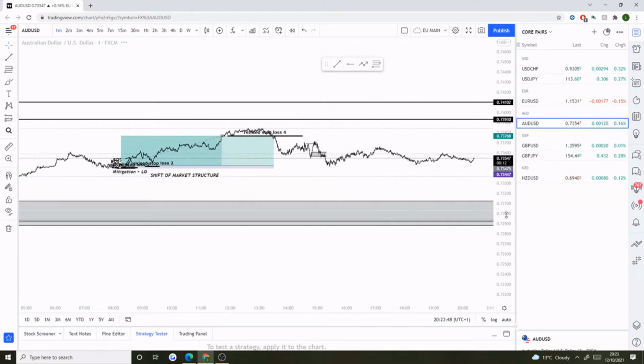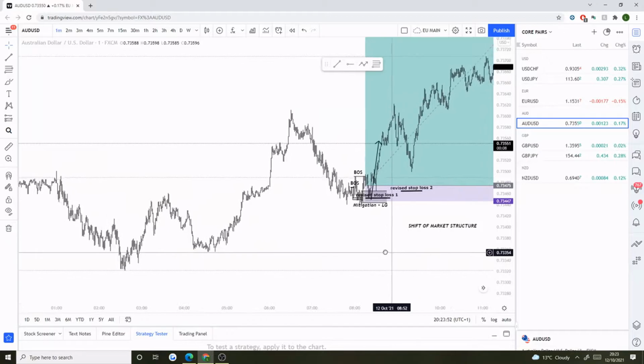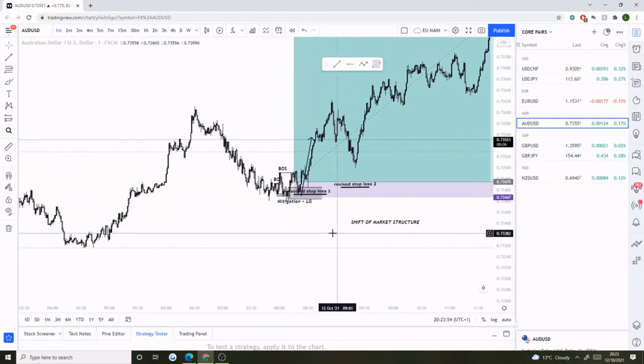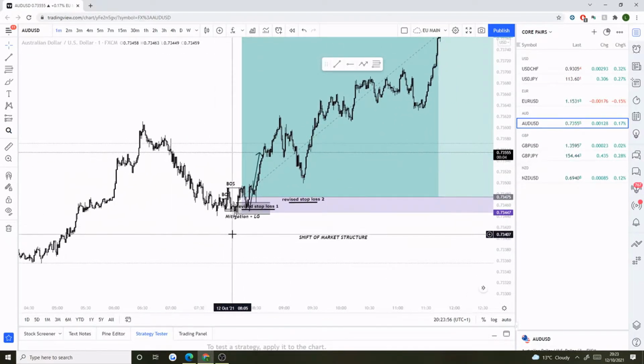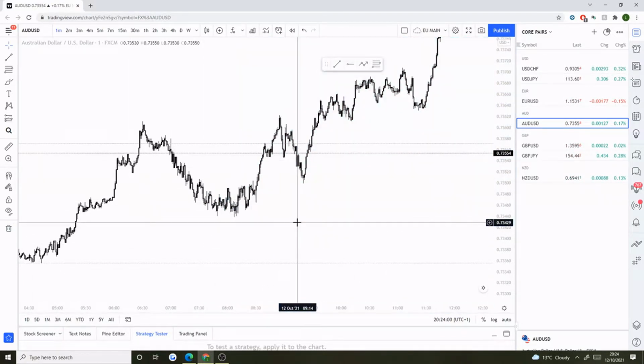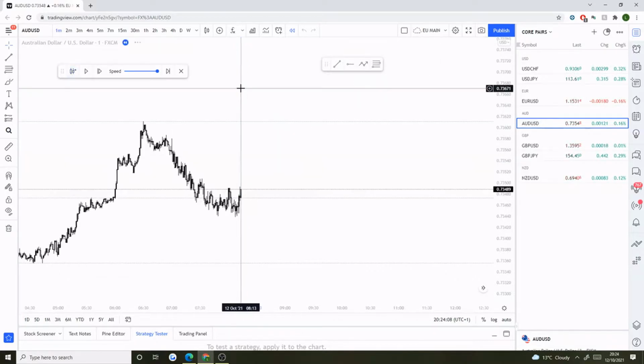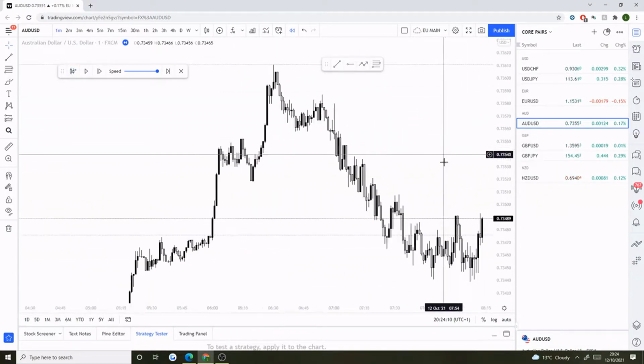So in terms of this trade and why I actually took this trade, I'm going to clear the chart for now and start from where I started this morning. Coming in to London Open, I saw AU in roughly this position here.